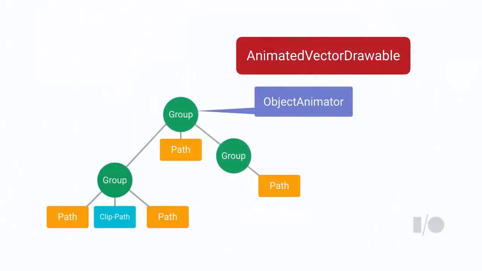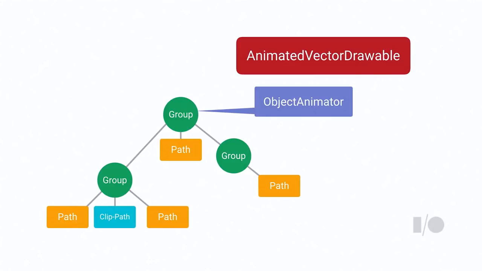color information. Based on this vector drawable format, the animated vector drawable is simply adding the object animators on top. For example, we can set the object animator to target one group's node, to its rotation attribute, and set the value to change from 0 degrees to 360 degrees.